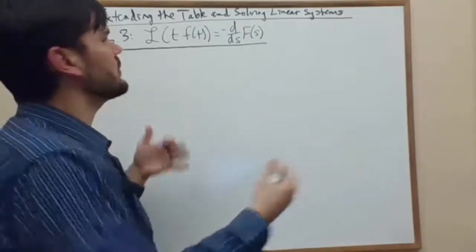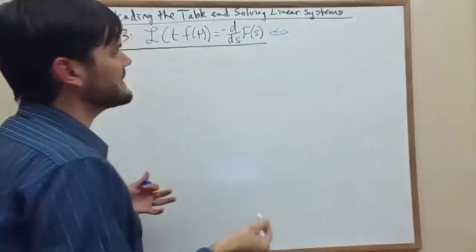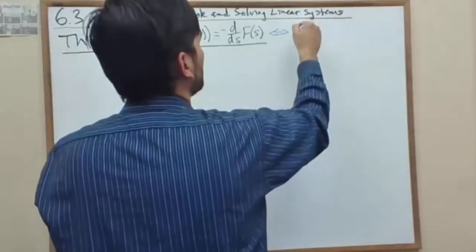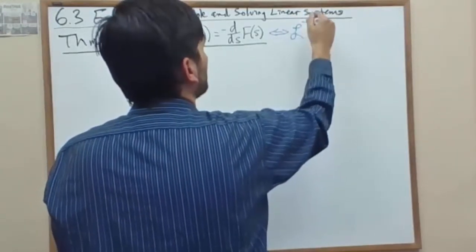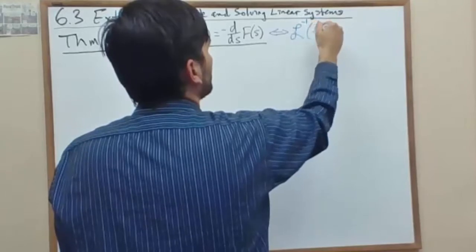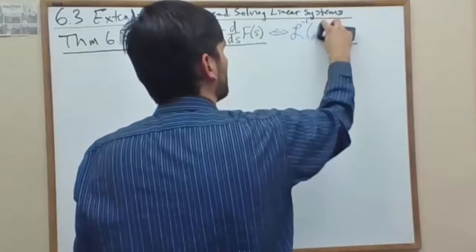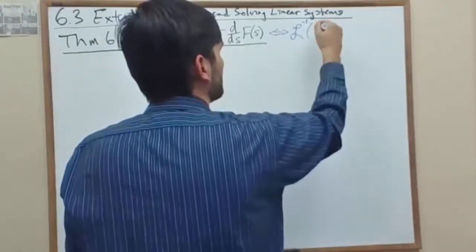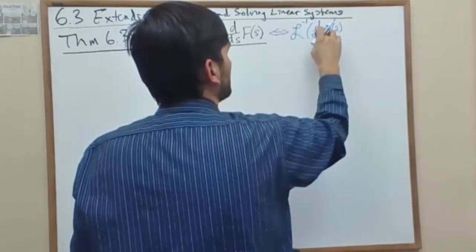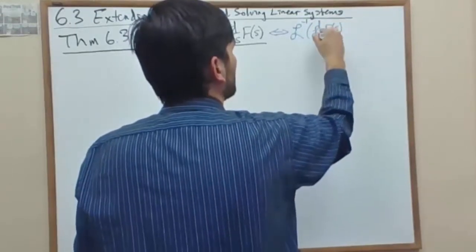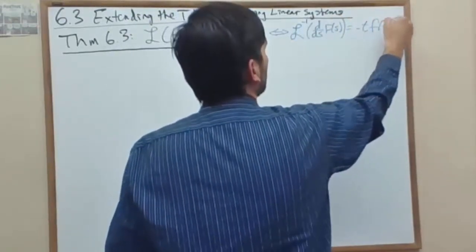If we were to invert both sides of this equation, this is the same statement as the inverse of the derivative of a function is equal to a negative t times f of t.